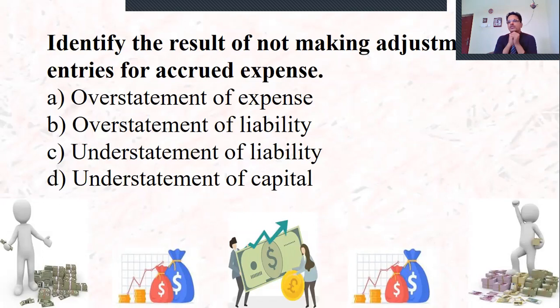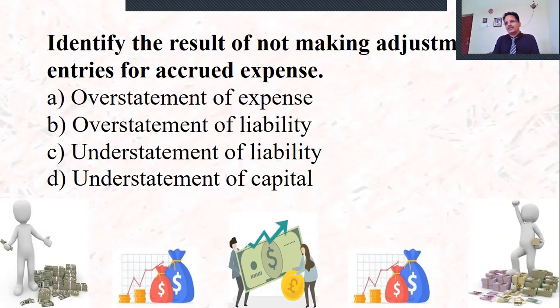When liability is less, what will happen? Your balance sheet shows less liability. So both are coming at a time. These are the two important effects: one is overstatement of profit and the other is understatement of liabilities.